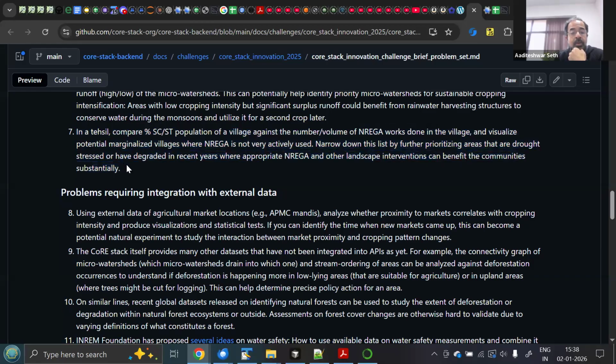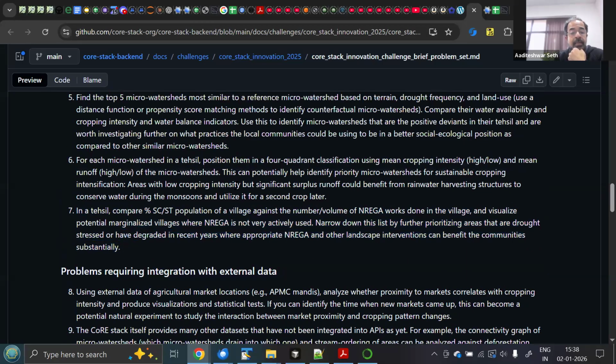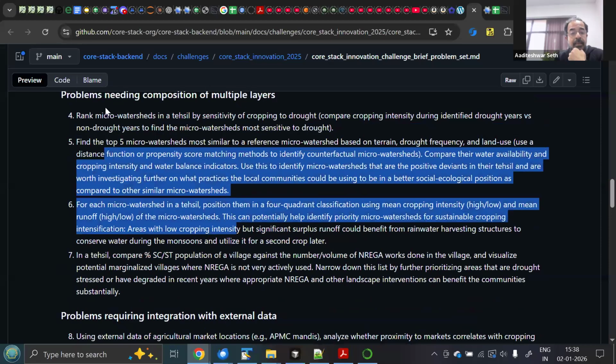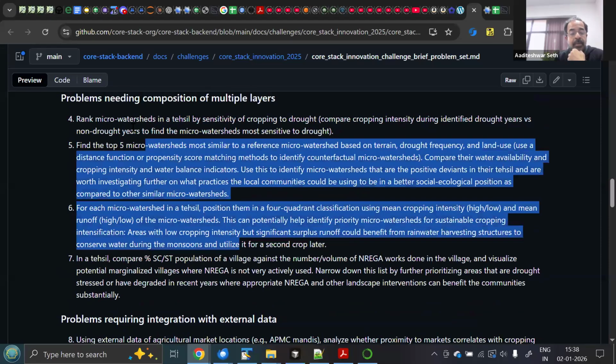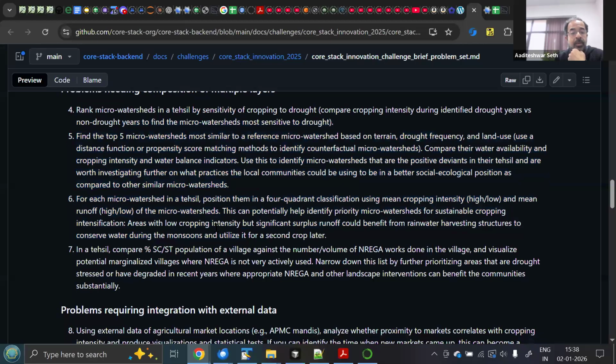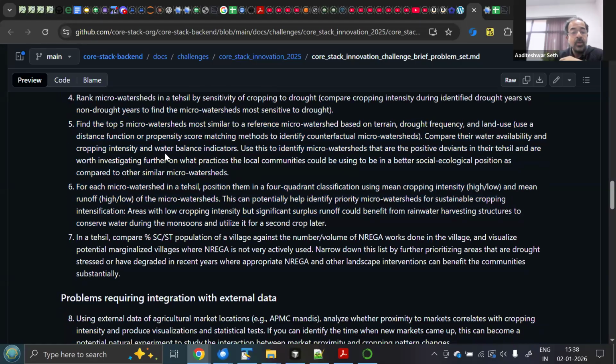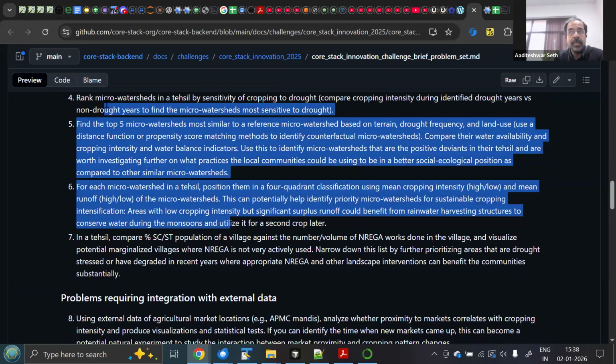So all of this analysis is telling us which areas need treatment, need farm ponds, check dams, other types of structures, trench bunds, and so on. So you identify the need. These are areas that really need those things. But are we providing them in those areas?